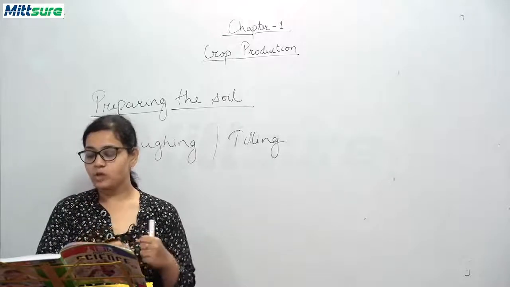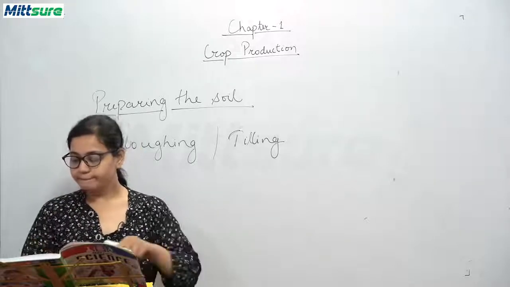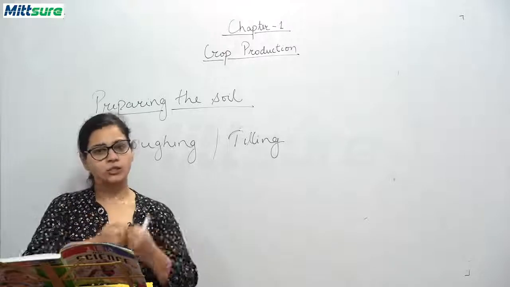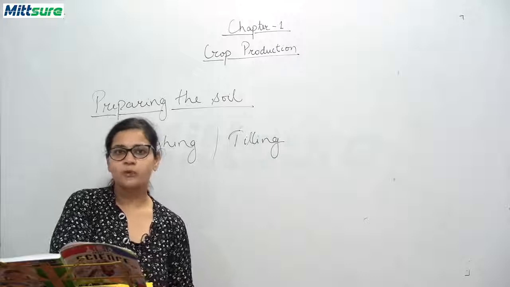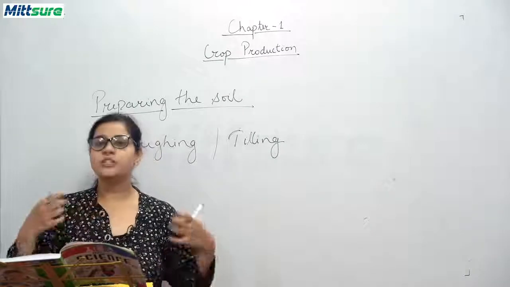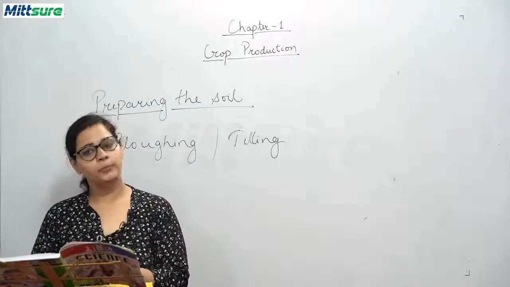Now this plower shaft is a long rod. Okay, so this plower has two ends. One end has this whole system of plower share and plower shaft in it, and another is connected to a beam which is put on the neck of bulls, and this is used for plowing.